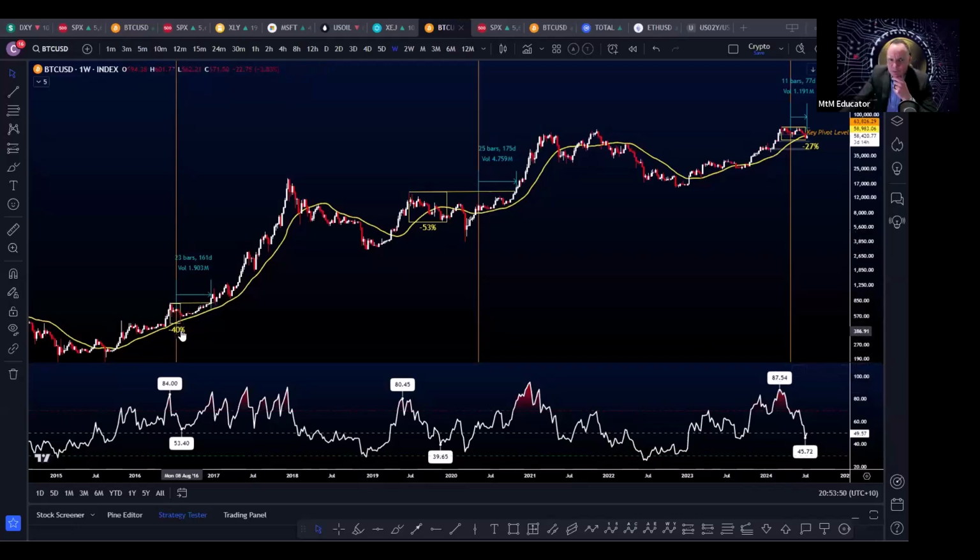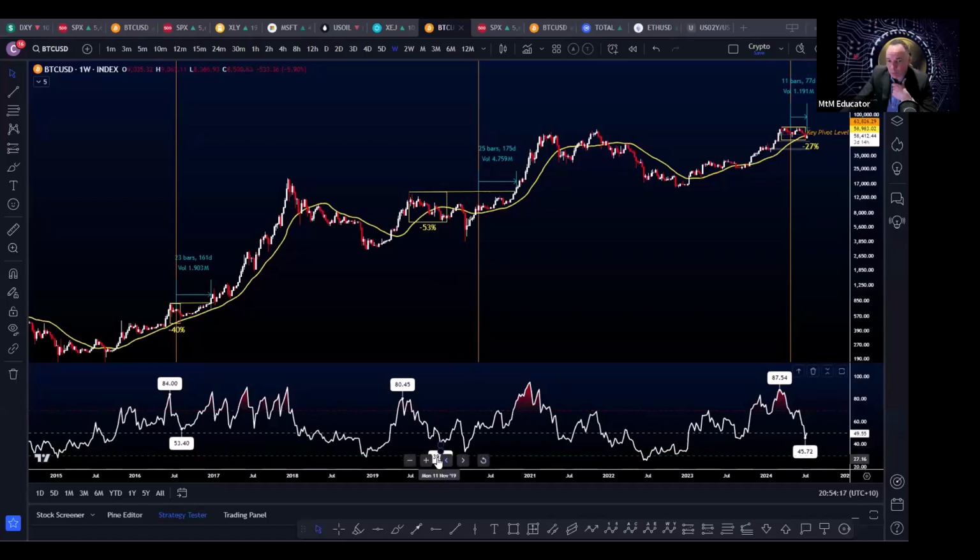We had a 40% pullback in 2016. We had a 53% pullback, and I'm not counting the COVID crash. This was the correction of the mid-cycle top that came back under the 200-day moving average, a 53% pullback. And we've now had a 27% pullback. But the pleasing thing to see is this pullback brought our weekly RSI down to 53.